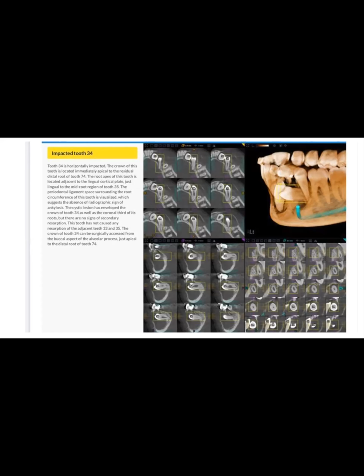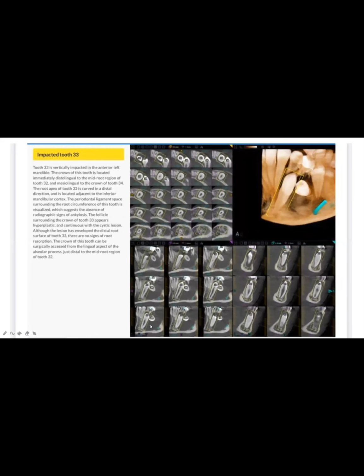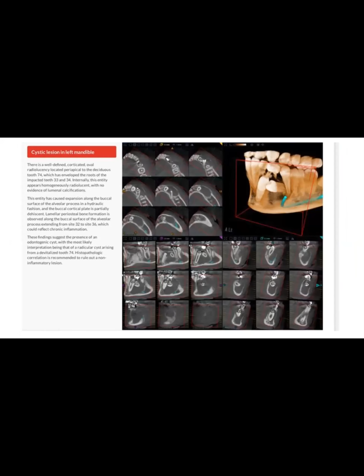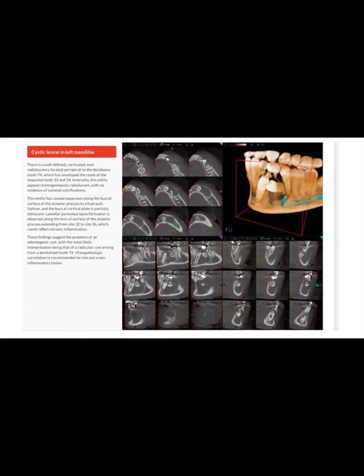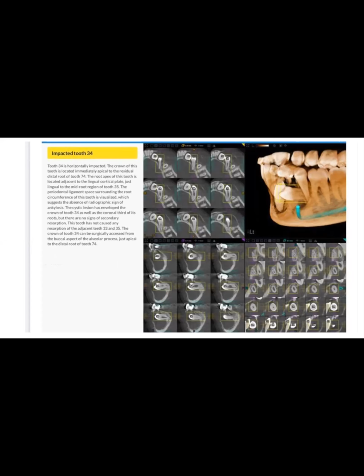Okay, and maybe Dr. Sally can show us the other slide. I'm sorry, I'm doing this with my phone. Right, and maybe the other slide. And if you look at the slide that says tooth number 34, I believe it is the one on your bottom.